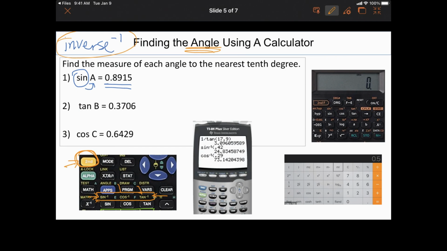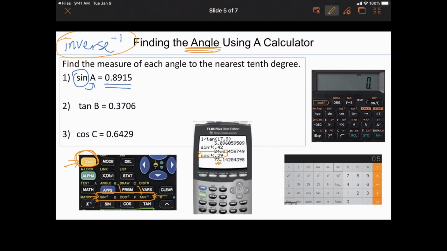So the calculator will type that out. So you'll see the inverse. And then this is the angle, 73.142 degrees.